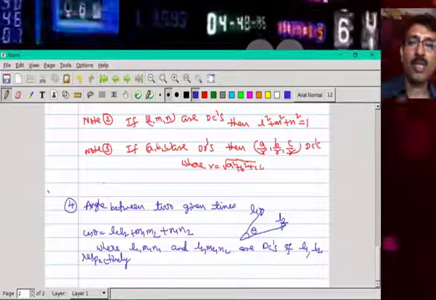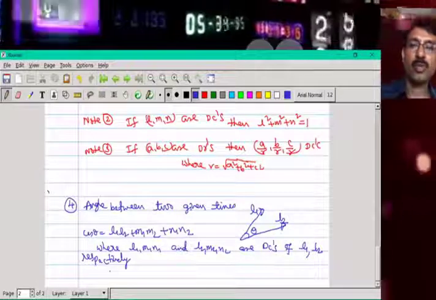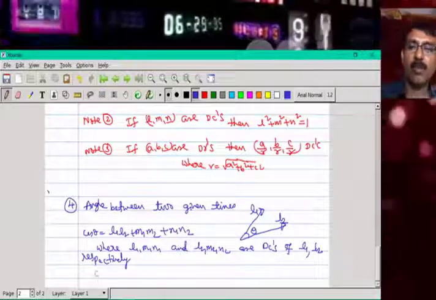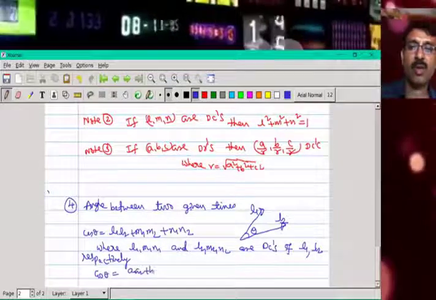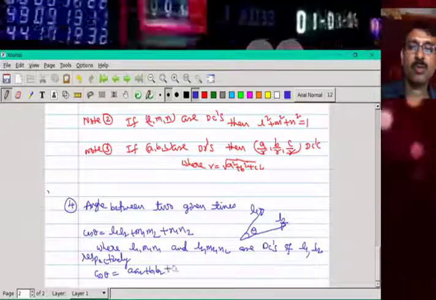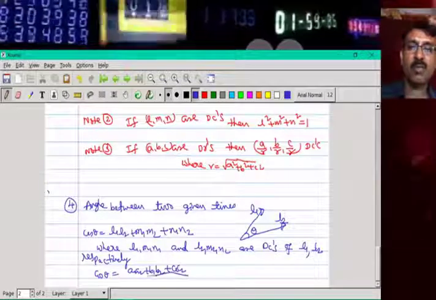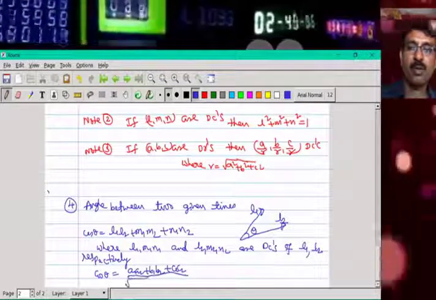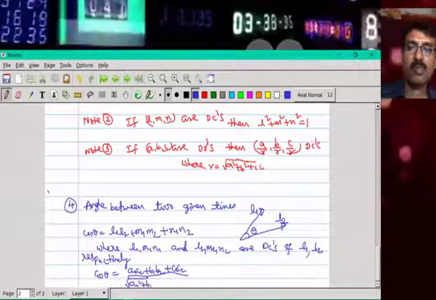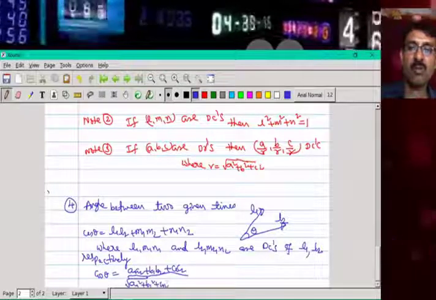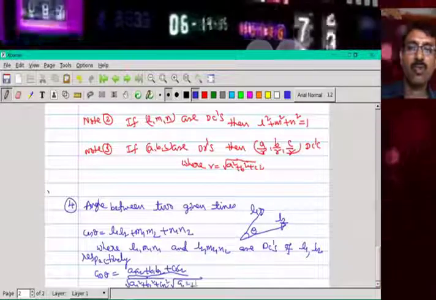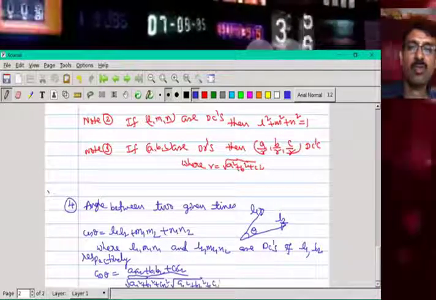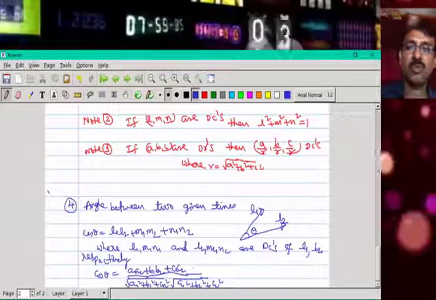If the DRs are known, we can use the second formula: cos theta equal to mod of A1 A2 plus B1 B2 plus C1 C2 by under root A1 square plus B1 square plus C1 square into under root A2 square plus B2 square plus C2 square.